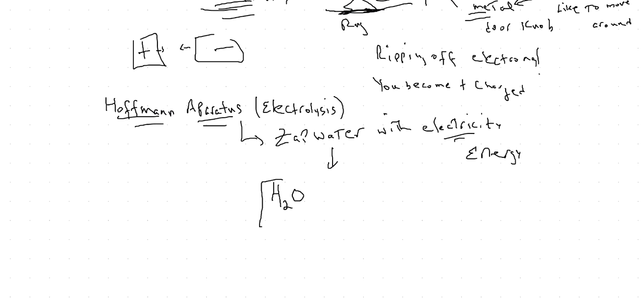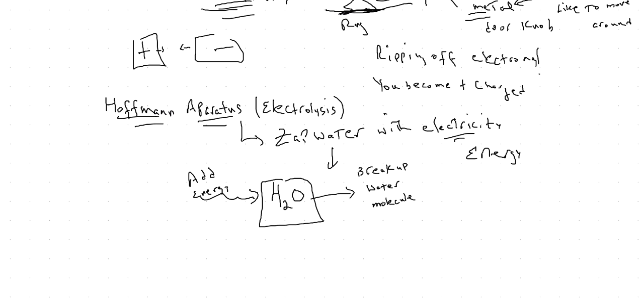If you add electric energy, what can happen is you can break up the water molecule. And when you break it up, what do you get? You get H2 gas, and it turns out you're going to get O2 gas.